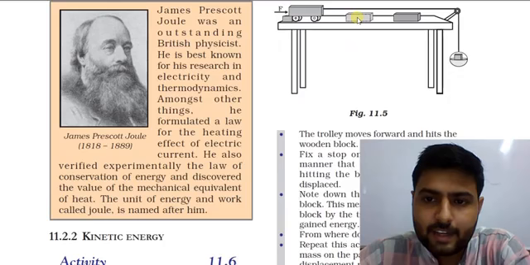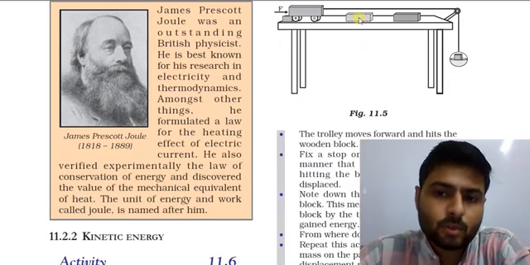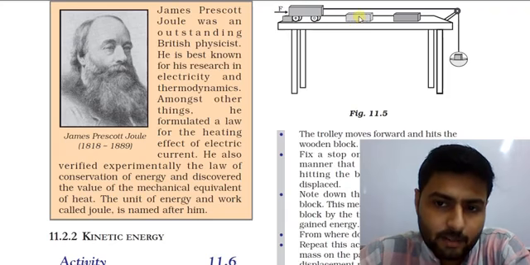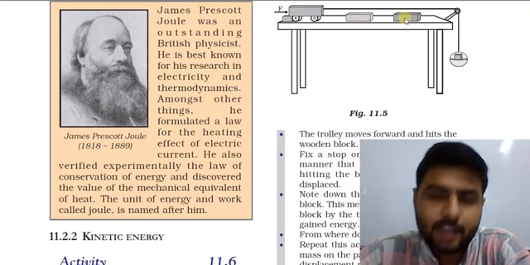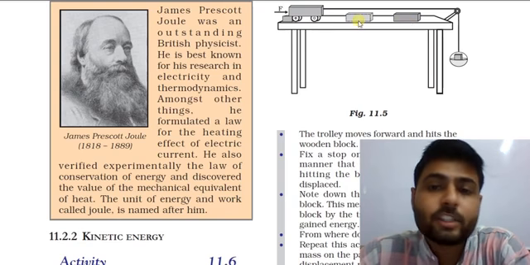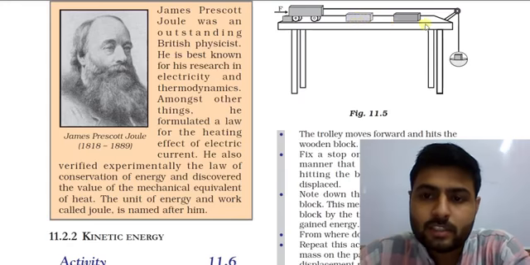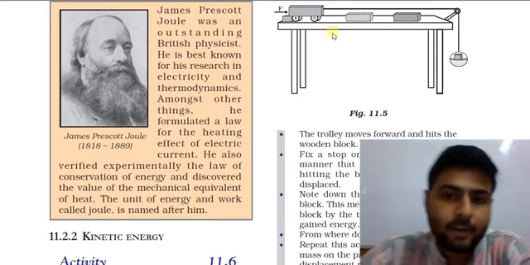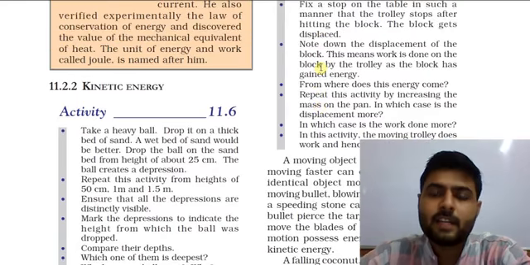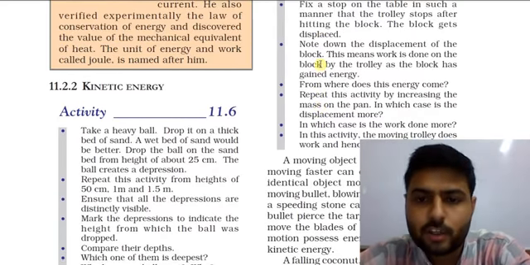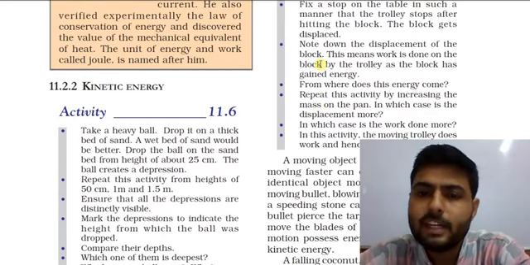Let's say we have the middle as our reference point. So mark the middle point here and mark here. So we have 2 points on the table on which the middle point of the block is lying. So we can measure the distance between these 2 points on the table. That is nothing but the displacement of the block due to the force applied by the trolley.